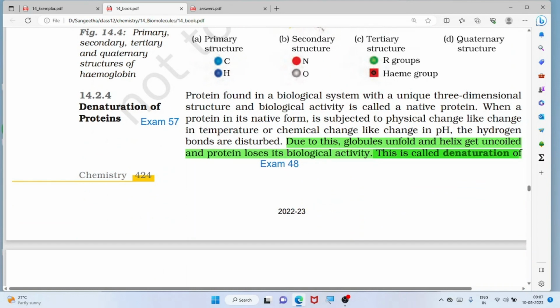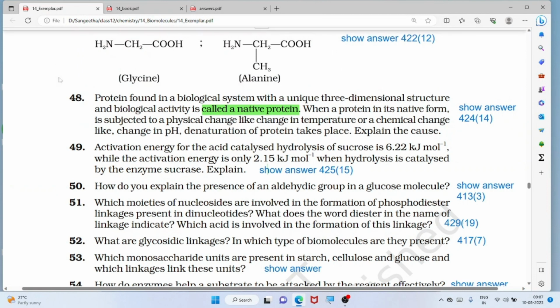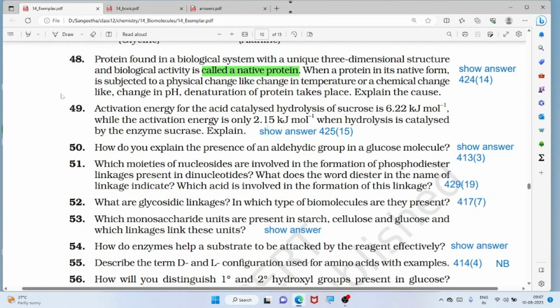Okay, this is the denaturation of the proteins. The activation energy of the acid catalyzed hydrolysis of sucrose is this much. The energy is only this much when hydrolysis is catalyzed by the enzyme sucrase.